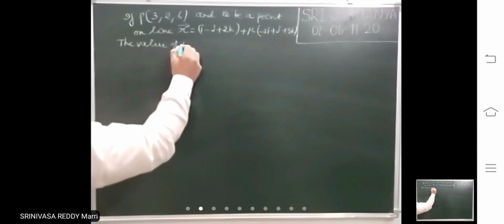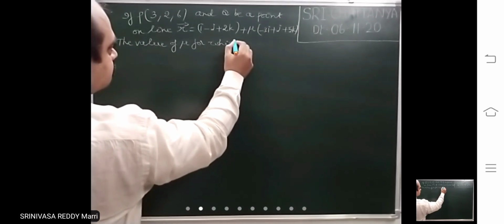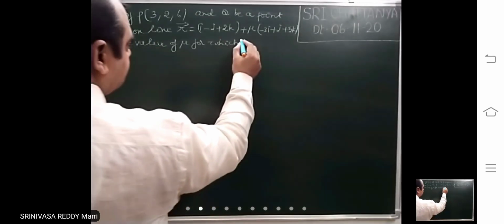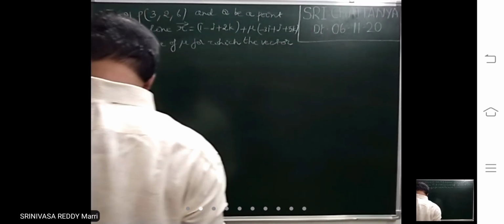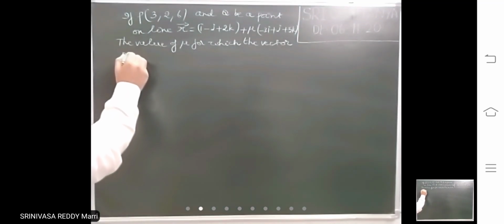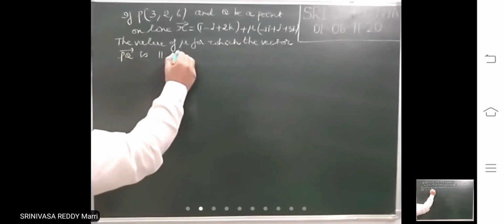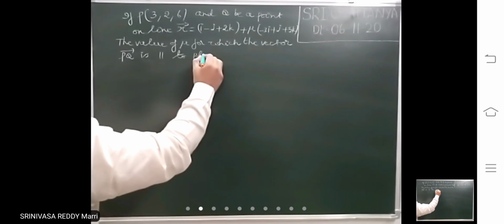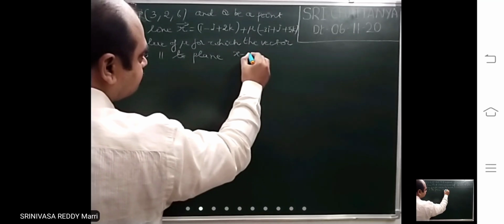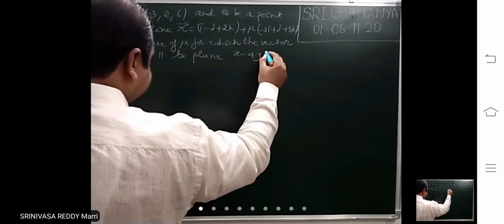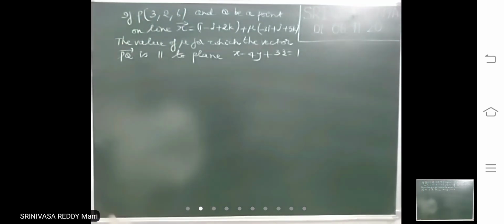The value of mu for which the vector PQ bar is parallel to the plane x - 4y + 3z = 1.